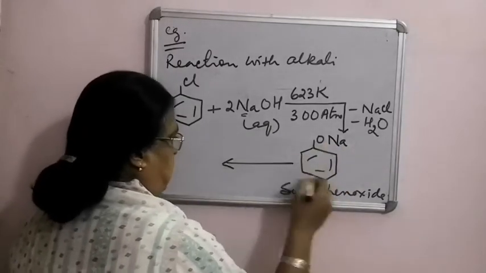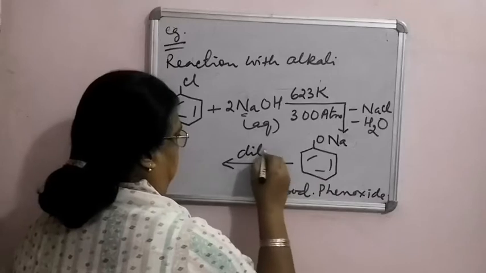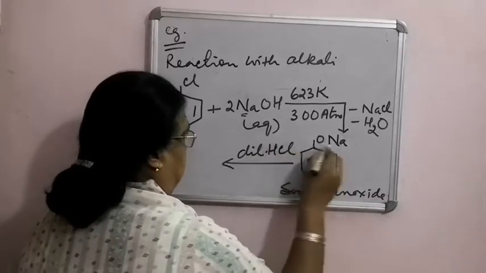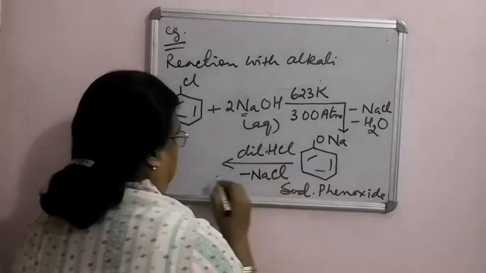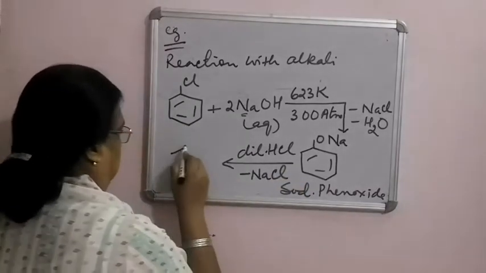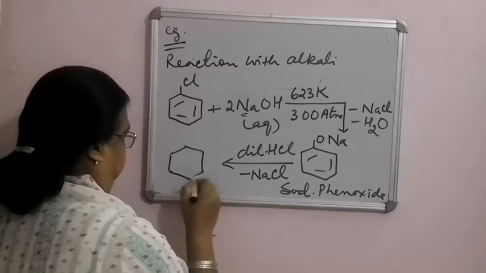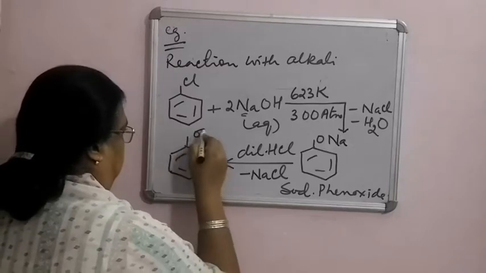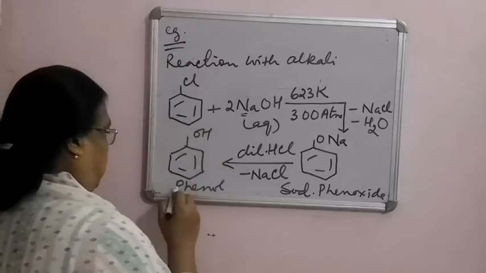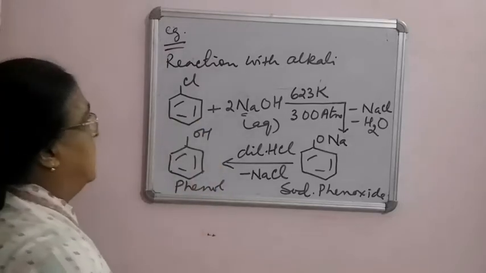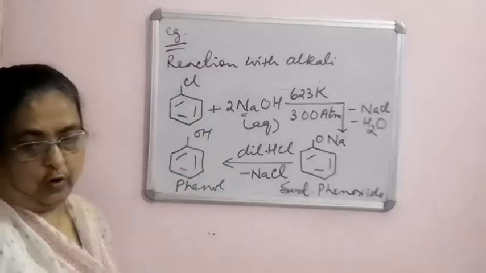So when this sodium phenoxide is treated with dilute HCl, then NaCl is out and we obtain phenol. So conversion of chlorobenzene to phenol is an example of nucleophilic substitution reaction.